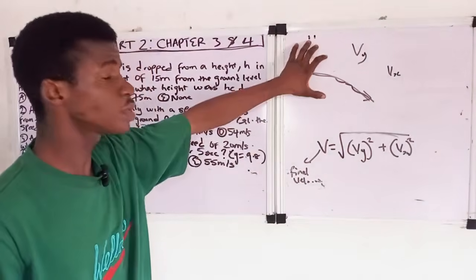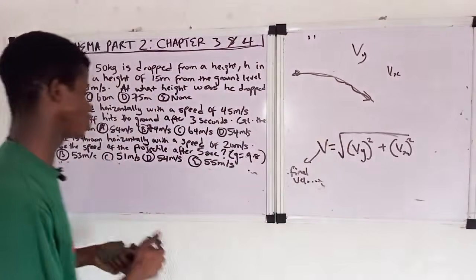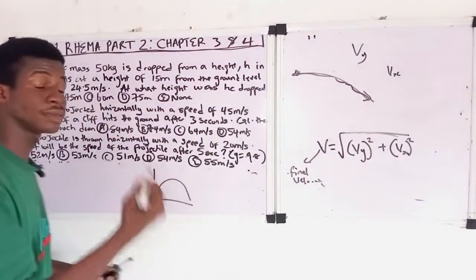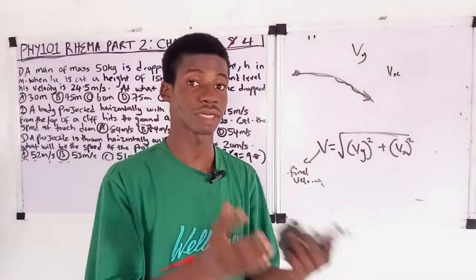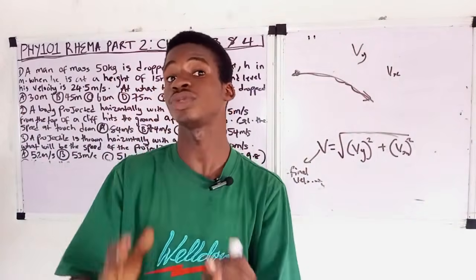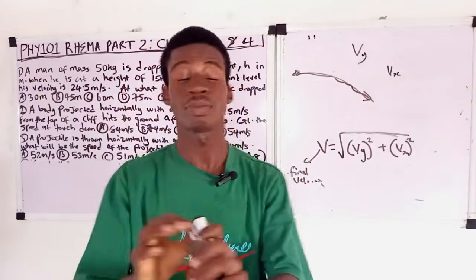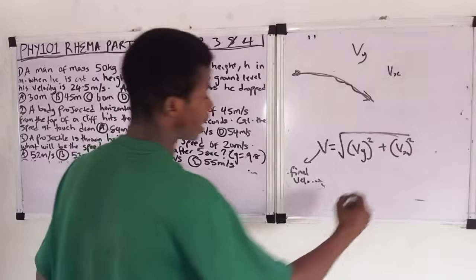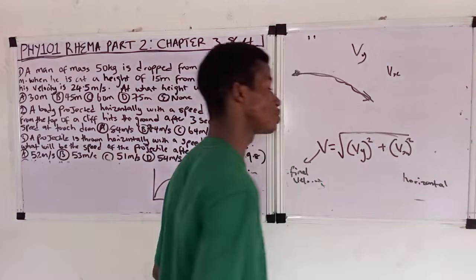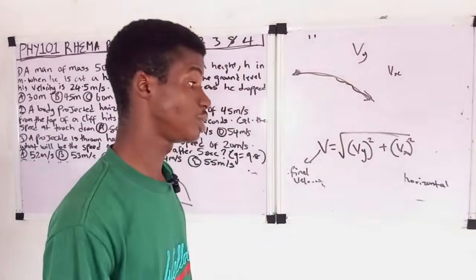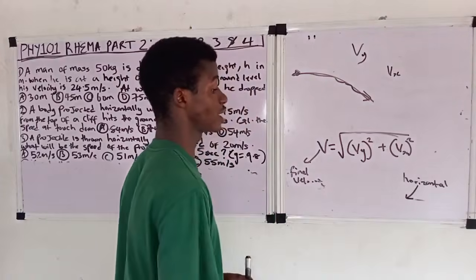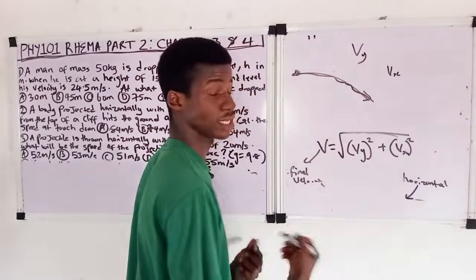Now, let's continue. So, projectile motion. There are two types of projectile motion: horizontal motion and vertical motion. An important thing to take note of is that horizontal motion does not have acceleration.